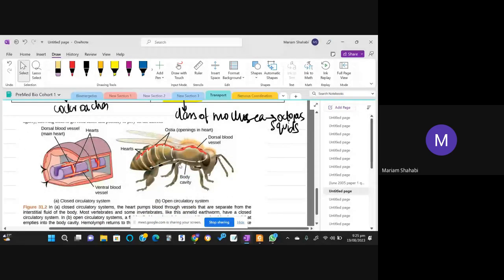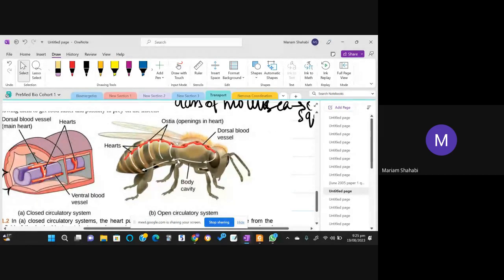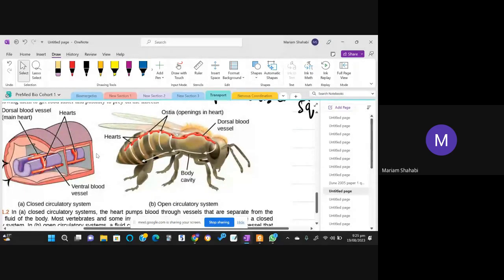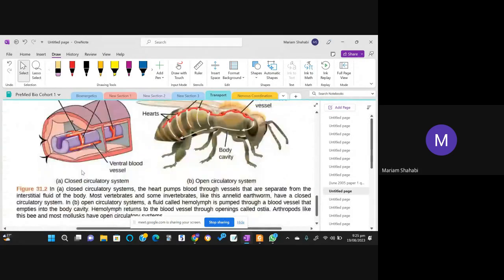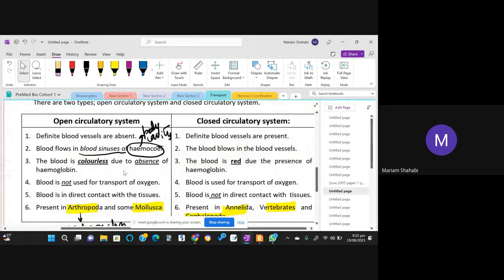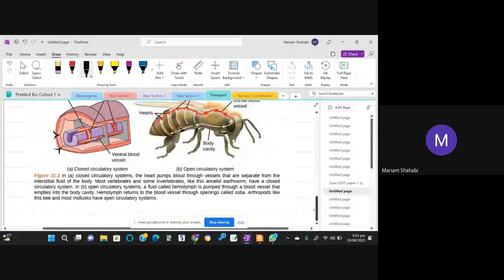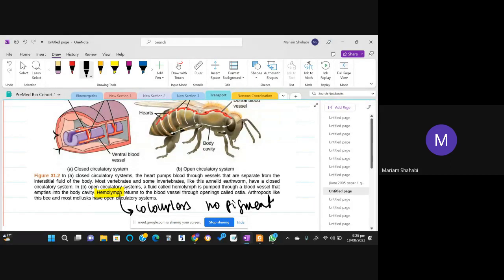Open circulatory system है, there are no blood vessels whatsoever, और this blood is called hemolymph. It is called hemolymph because the blood is colorless. Colorless क्यों है? Because there are no pigments, no hemoglobin.